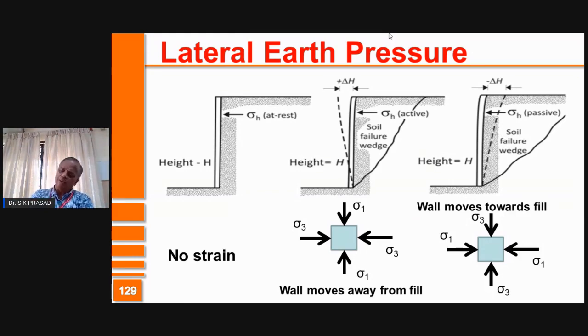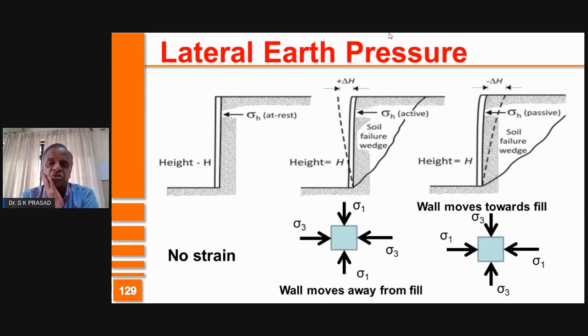And all that movement is possible due to the gravitational force, the vertical force. Therefore, the normal stress sigma 1 is the major principal stress, and the other normal stress in the horizontal direction will be the minor principal stress. Wall moves away from the fill.